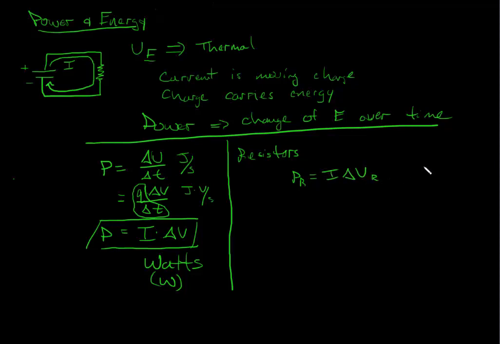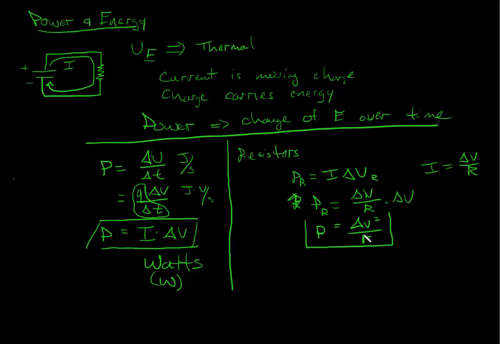And then using Ohm's law, I equals delta V over R, we can just substitute delta V over R into this. So the power of a resistor would be delta V over R times delta V. So we get delta V squared over R. That would be your power if you know the potential difference and the resistance.